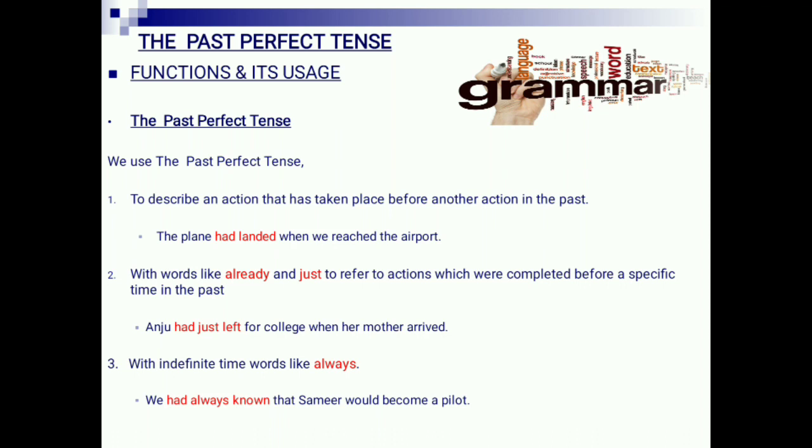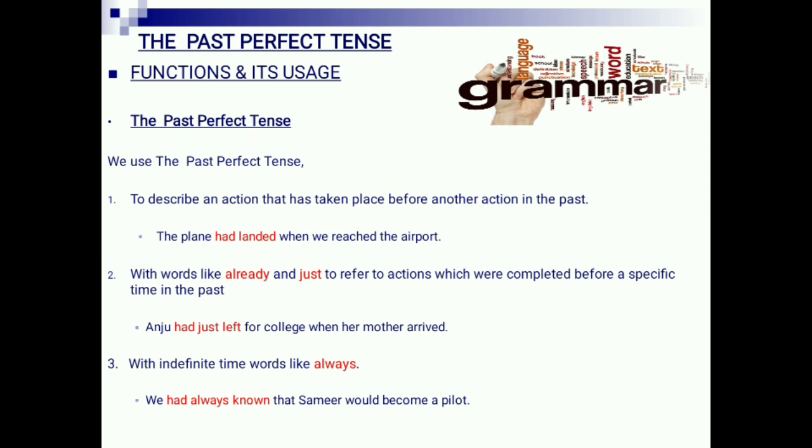See the example. The plane had landed when we reached the airport. Here two actions are happening, and the first action has happened before the other action in the past.